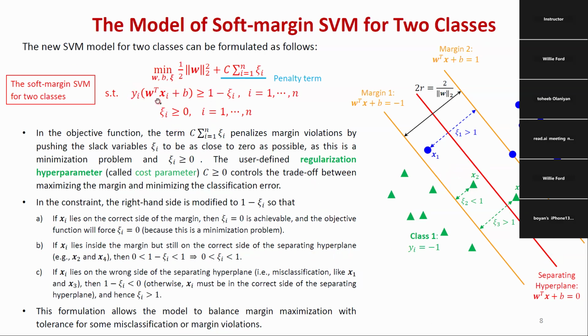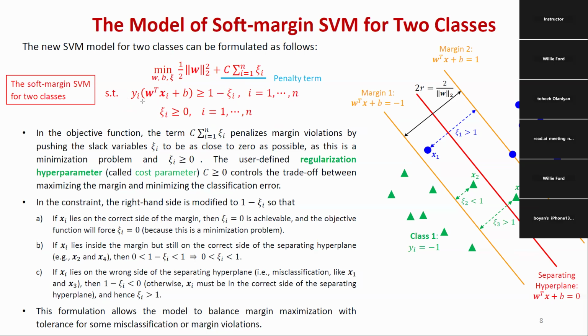So we will have w^T x4 plus b. And now I can no longer get xi4 equal to 0. Why? Because if I set xi4 to be 0, it doesn't work.